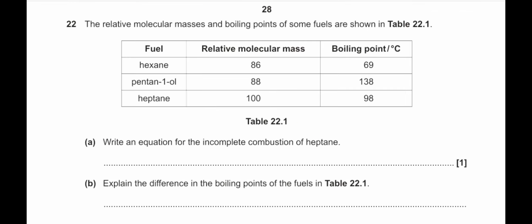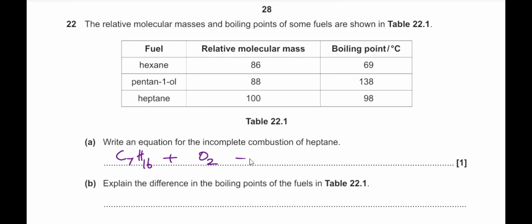Question 22. The relative molecular masses and boiling points of some fuels are shown in table 22.1. Write an equation for the incomplete combustion of heptane. Incomplete combustion means burning in limited supply of oxygen, and therefore the products will be carbon monoxide and water. So let's write heptane, that is C7H16 plus O2.